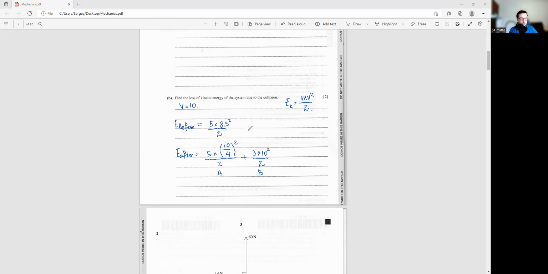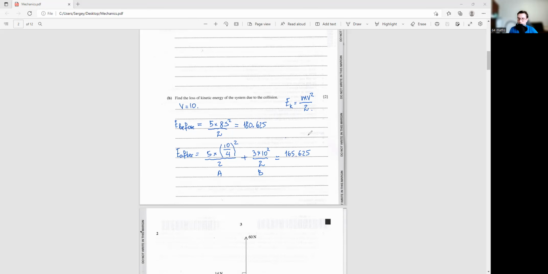Okay, let's do some calculations. The first energy is going to be 180.625. And the energy after the collision is going to be 165.625.